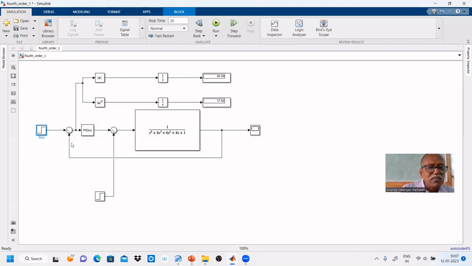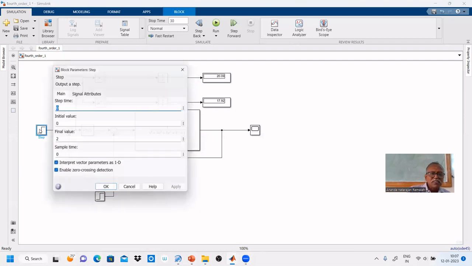Sustained oscillation method means we need a closed loop, and we have to put it in P only mode. Already it is in P only mode.